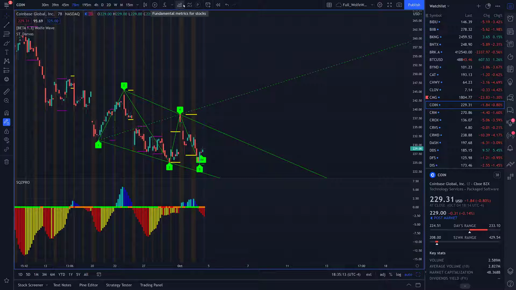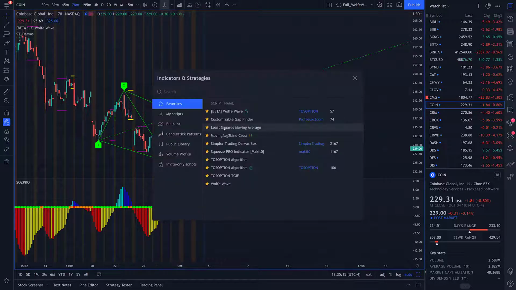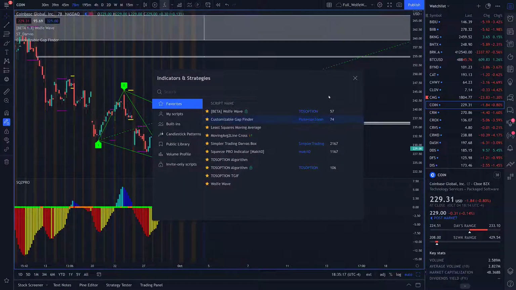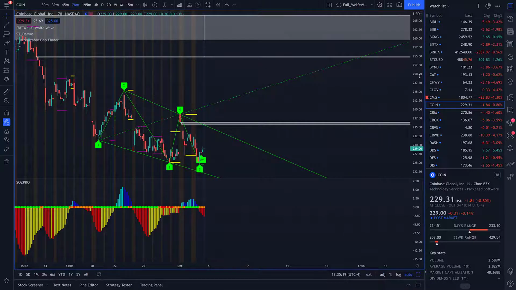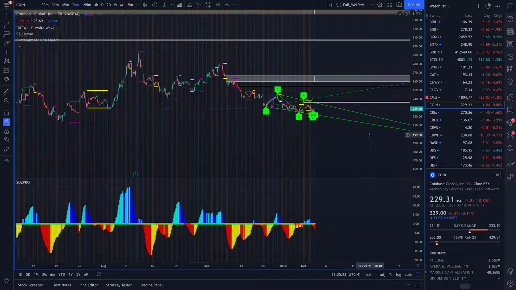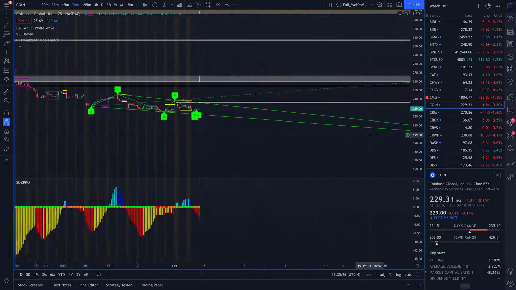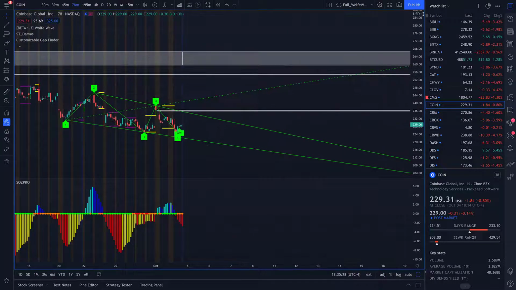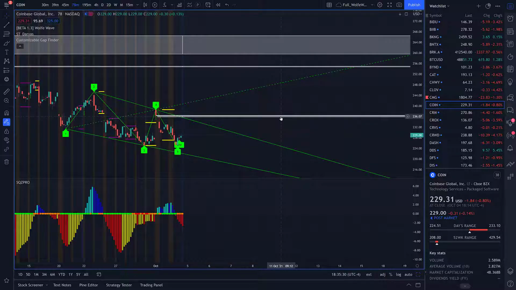But we have an interesting feature here called Customizable Gap Finder, which will help you identify all the gaps above and below. There doesn't seem to be any gaps below Coinbase, just this one gap right here, and possibly a move to 254.